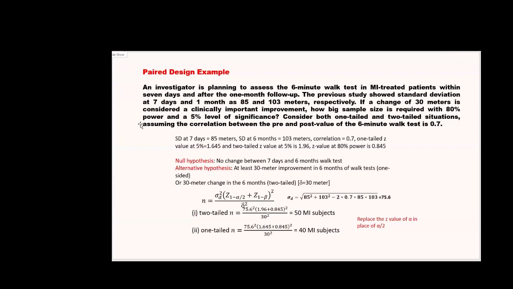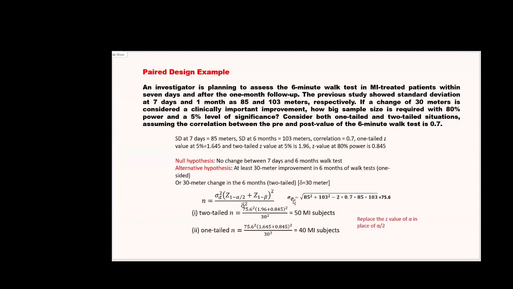So SD at 7 days is 85 meters and SD at 1 month is equal to 103 meters, and correlation is 0.7. The one tail value is equal to 1.645 and the two tail is 1.96. So this is the formula you can substitute. And how to calculate the change?